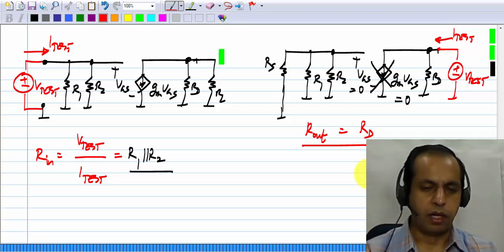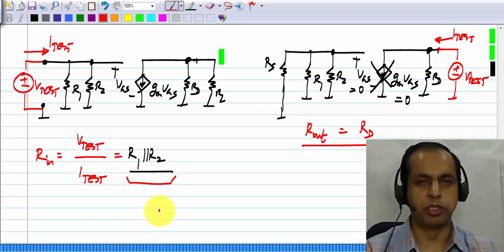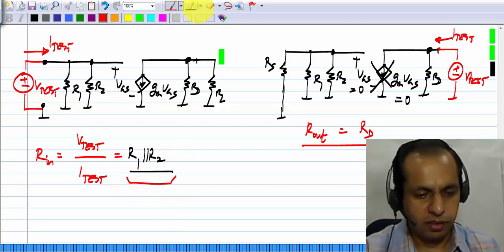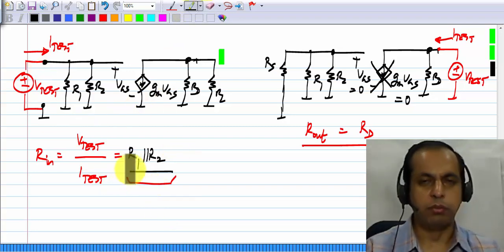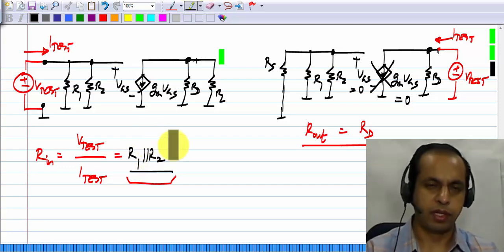Okay. Now typically in an amplifier like this, you would want the input resistance to be as high as possible. Okay. And then what happens is that there is no voltage division between the source resistance RS and the input resistance. Okay.